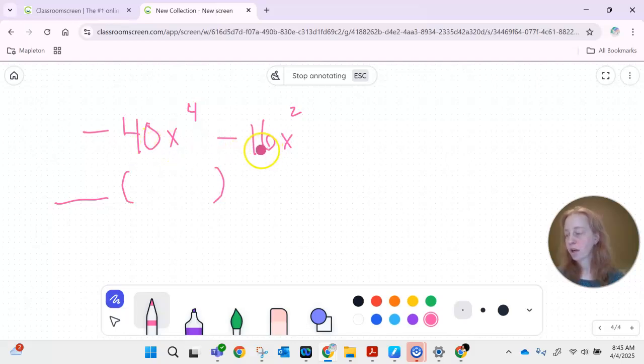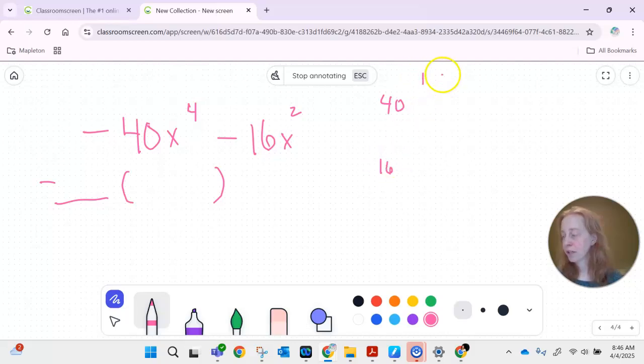So first I'm going to start with the fact that there is a negative on both of these. If there's a negative on both, then that negative can cancel out. If there's not a negative on both, go ahead and keep the negative where it is. Okay. All right, now let's figure out the factors of 40 and 16.